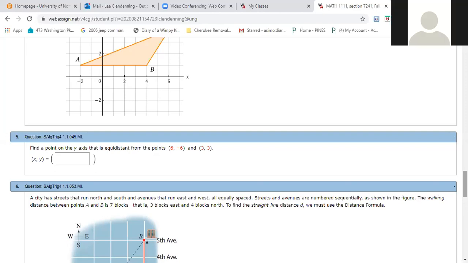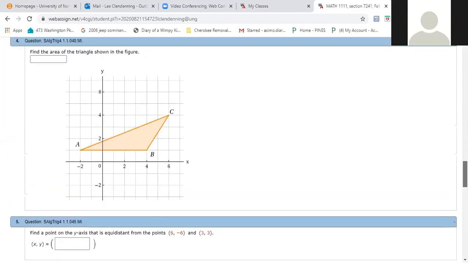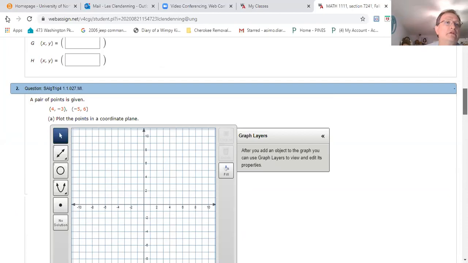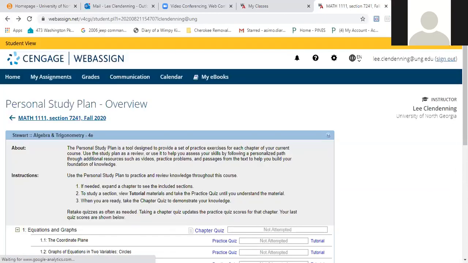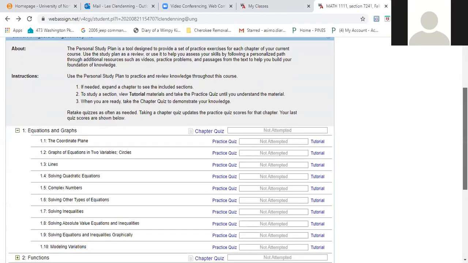I had a question though, because on mine, when I go to the place that you are, the whole personal study plan, it only has the chapters. So it says equations and graphs, and then click on the chapter quiz. Let me see if I can back out and get to where you're talking about. Okay, so they have the practice quizzes if you press on it, and then there's the chapter quiz.